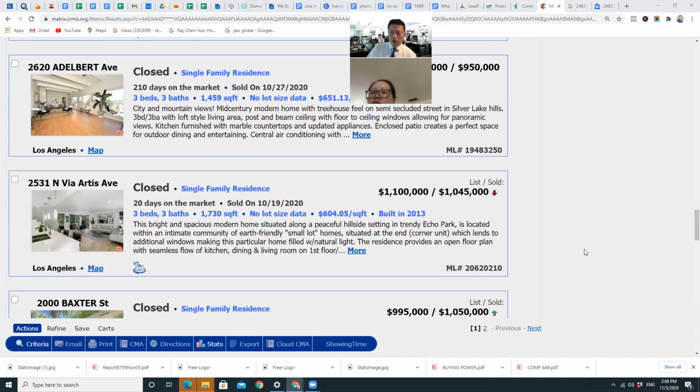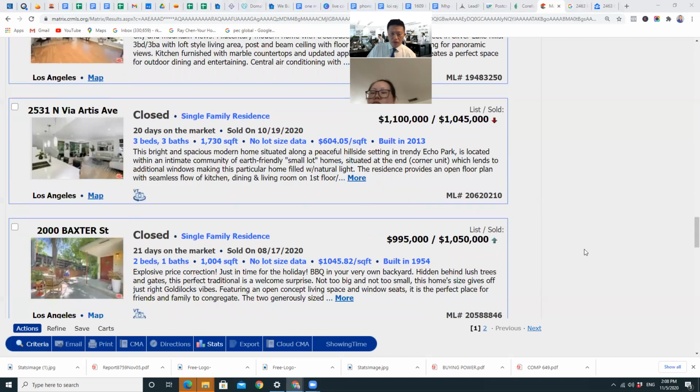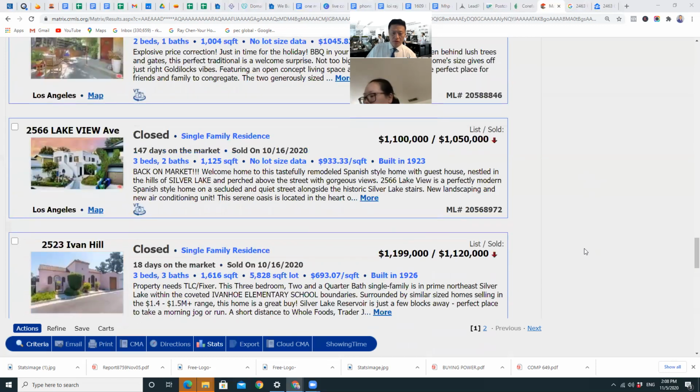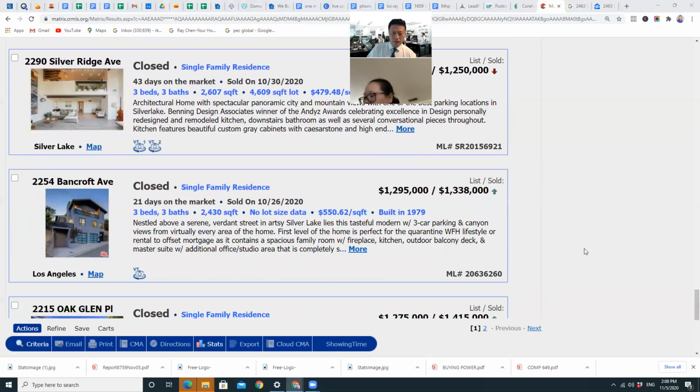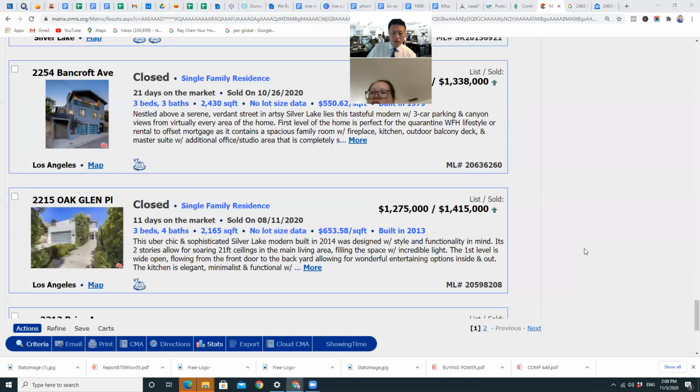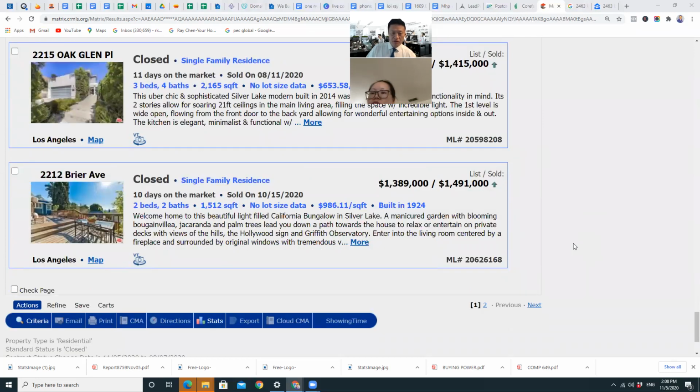We want to know as many people paying over asking as possible, so we can have them list at a lower price and have more activity. 55K. 43K. 40K. People are paying a lot over asking. 100K.